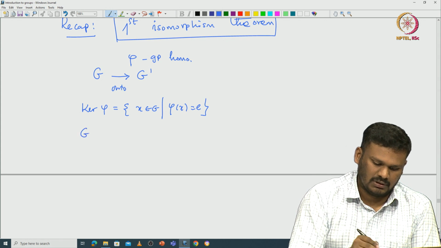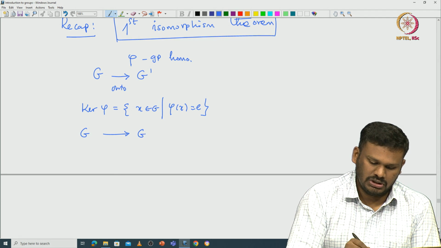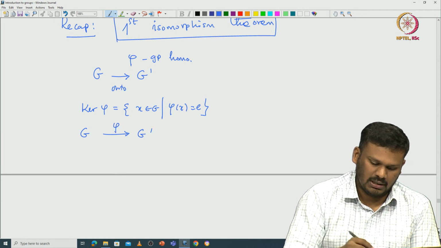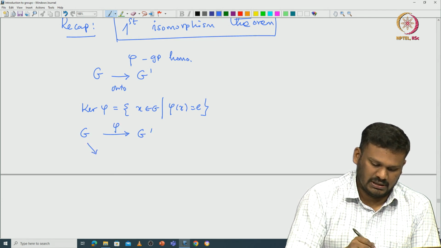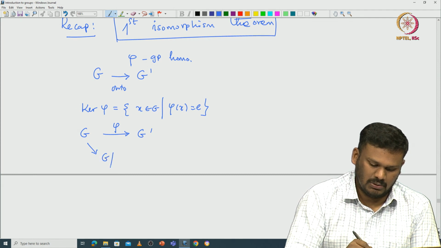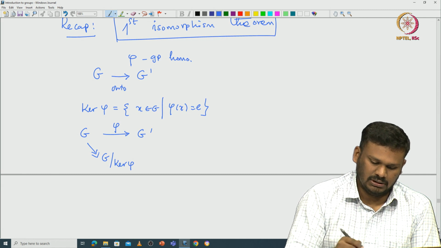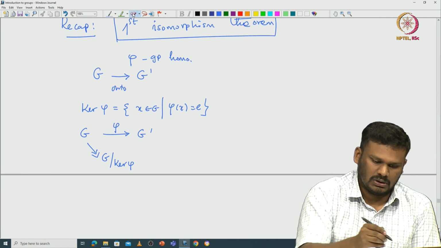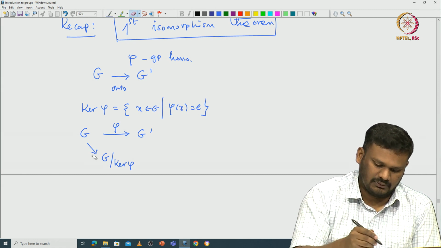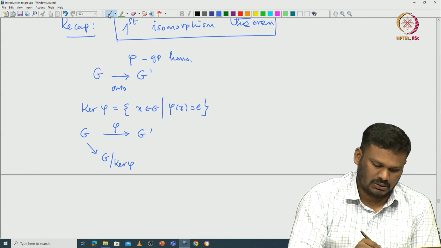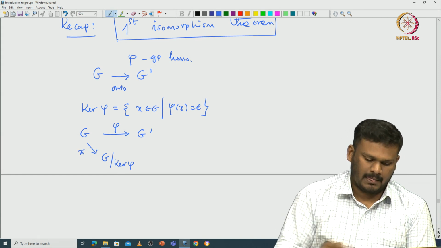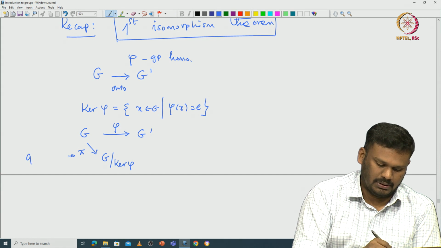You have a diagram like this: from G to G dash you have phi, and then you have this natural quotient G modulo kernel phi. This is again a surjection. Let me denote it by, sorry, let's call it pi. This is the quotient map.